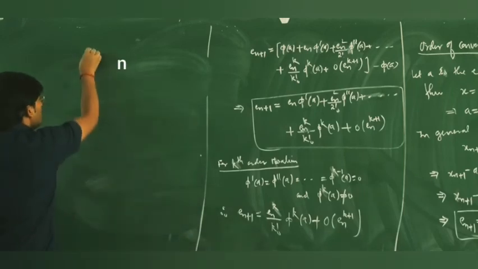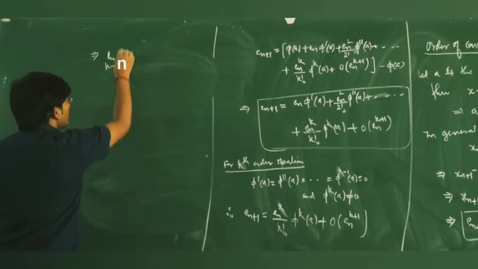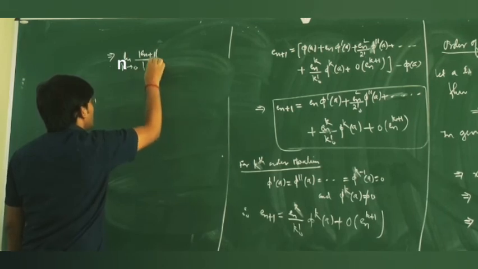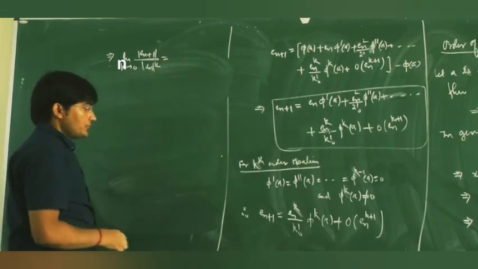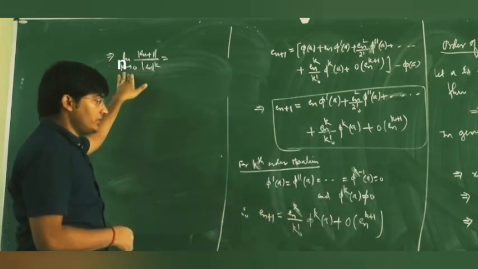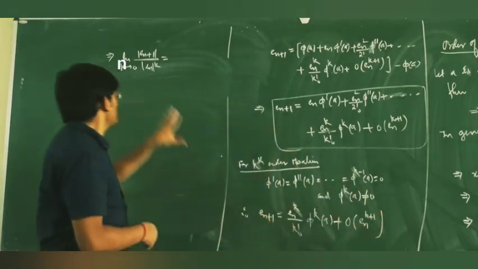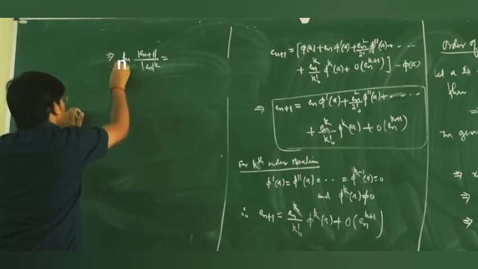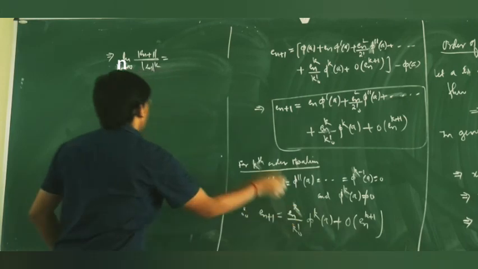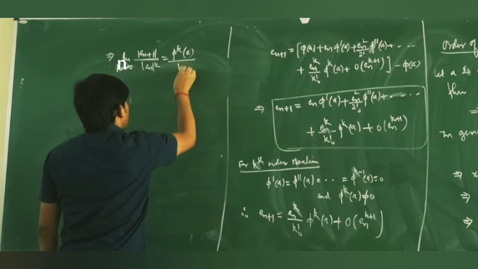Taking the modulus and the limit as n tends to infinity, the higher order terms will tend towards 0, and in the right hand side we will have phi^(k) of a upon factorial k.